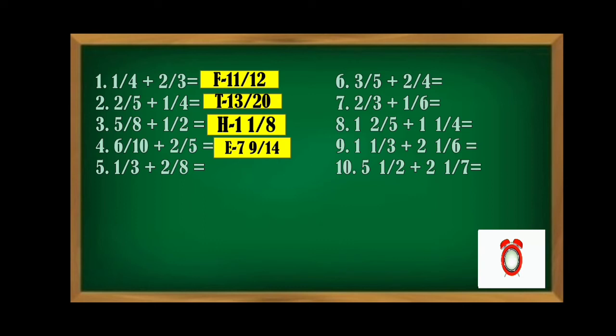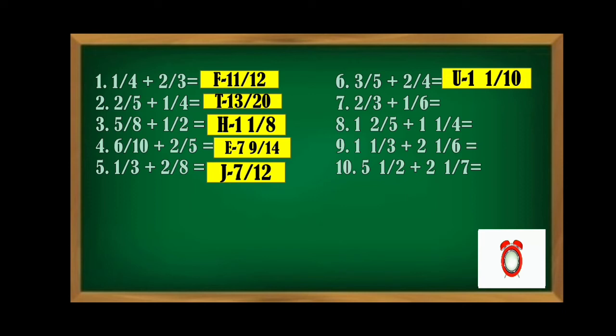And for number 5, 1/3 plus 2/8 equals... the correct answer is J, 7/12. And number 6, 3/5 plus 2/4 equals... the answer is U, which is 1 and 1/10.